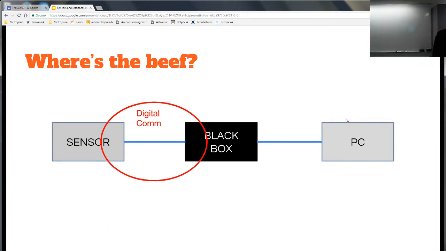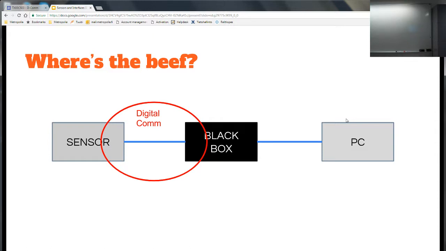Let me plug my pointer. So that part, digital communication between sensor and our black box, which is a microcontroller. And next we will also visit briefly this one.